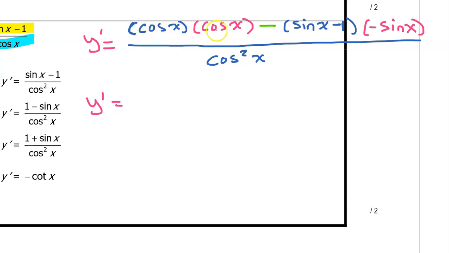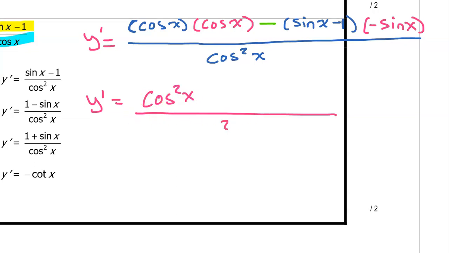Obviously, cosine times cosine will be cosine squared. And then we've got this negative sign in the middle, but also we're multiplying by negative sine. Let's go ahead and do negative times a negative to make a positive. In other words, I'm taking this negative sign and I'm going to bring it out in the front, which will cause this to become plus.